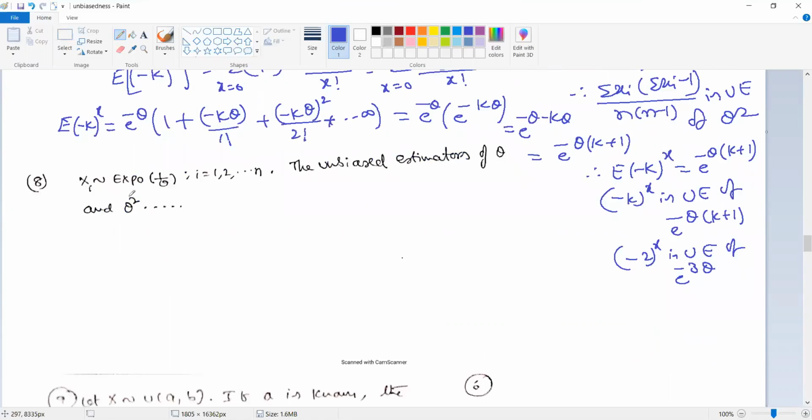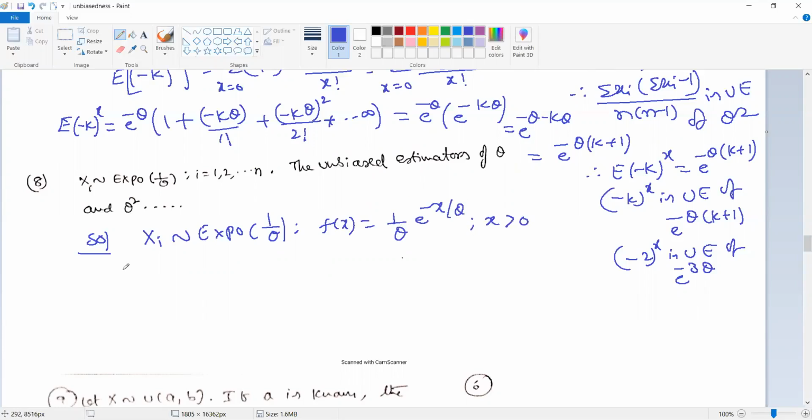The next problem, Example 8. Xi follows an exponential distribution with parameter 1 by θ. So now the PDF is f(x) equal to 1 by θ times e^(-x/θ), x greater than 0.